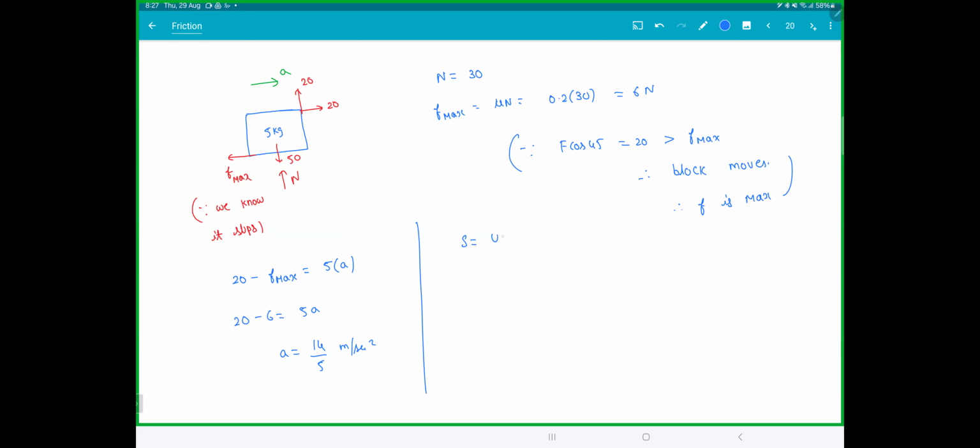You want to find the distance. S is equal to ut plus half at square. Kinematics. Everything comes. Kinematics, NLM, friction. U is 0. Acceleration is 14 by 5. And time is 2 squared. That is 28 by 5 meters. Check. 5.6. Clear?